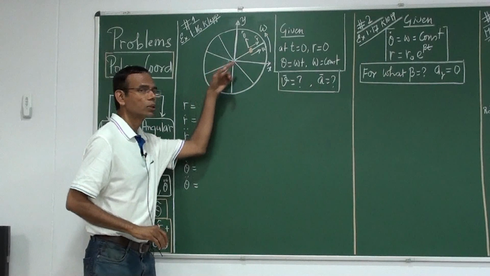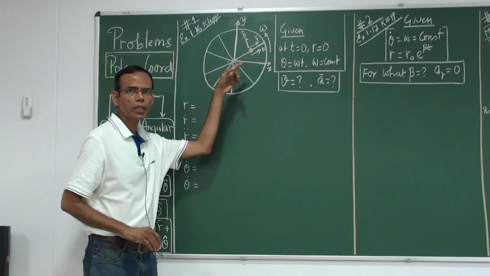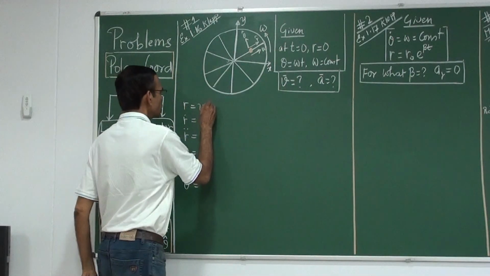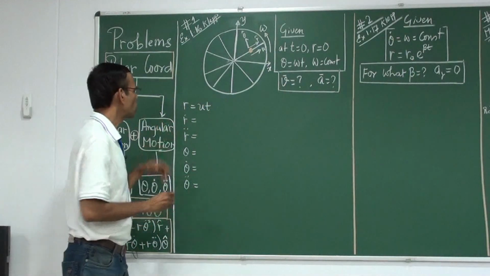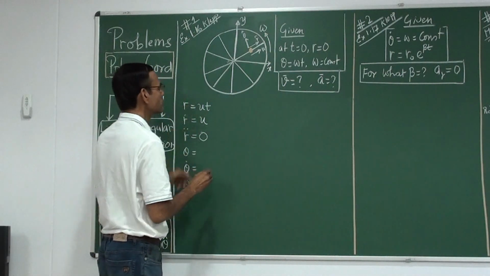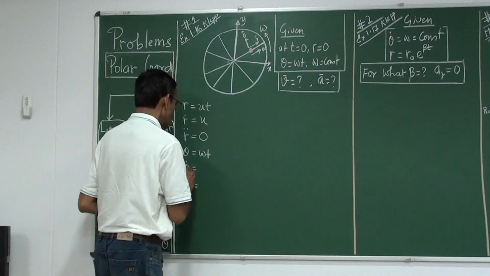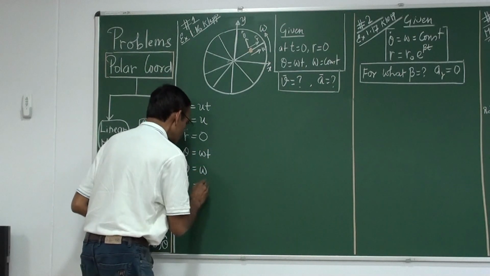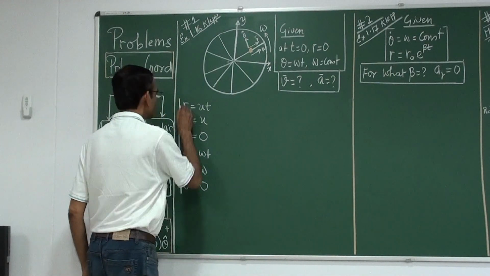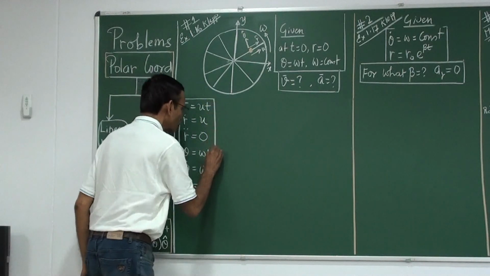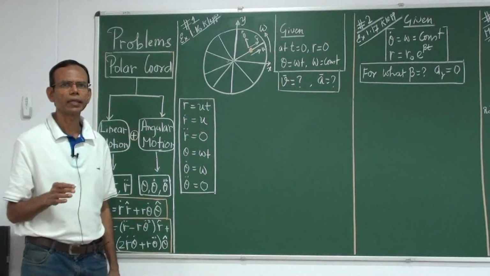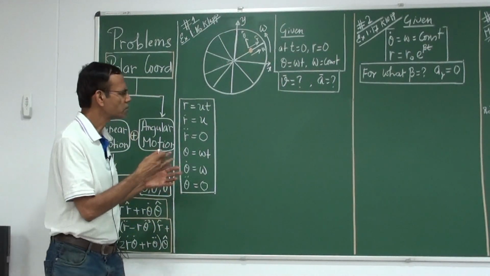Since it is going with a uniform speed u, r will be u into t. r dot will be u, r double dot 0, theta is given by omega t, theta dot omega, theta double dot 0. The moment you finish this table, it is very easy and you don't make any algebra or silly mistakes.